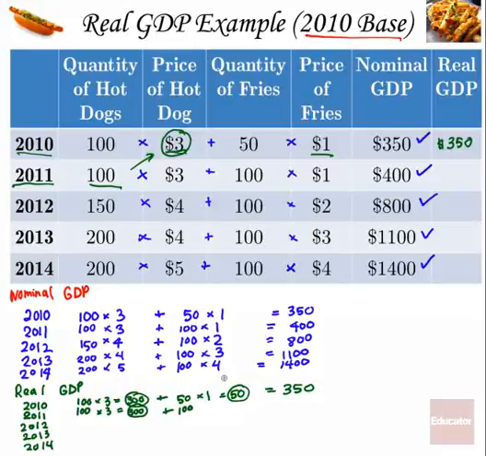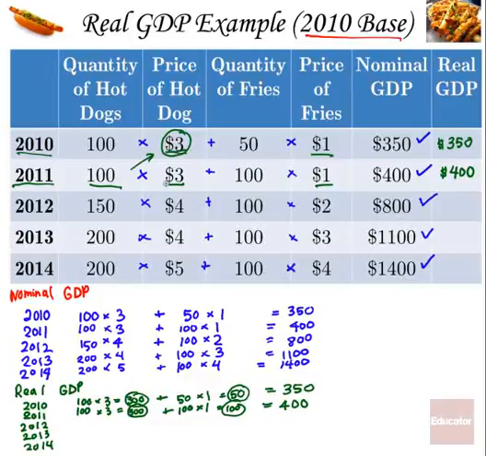Well, guess what? The nominal GDP and the real GDP in this case are exactly the same, because it's 300 plus 100 equals 400. The reason the nominal and real are the same is that the price of the fries and the hot dogs stayed the same. So the real GDP is the same as the nominal because the price hasn't changed. If the price never changed, there'd be no need for real or nominal. They'd all be the same.